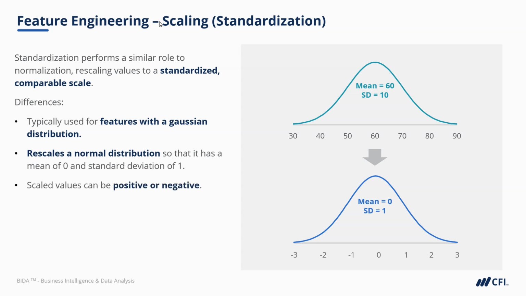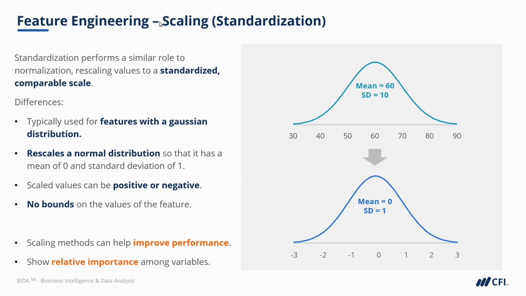So this time scaled values can be positive or negative, and they're not limited by any bounds. Scaling our variables is by no means mandatory, but in some cases, scaling methods can help improve model performance. In some cases, scaling can also help us show the relative importance among our input variables.